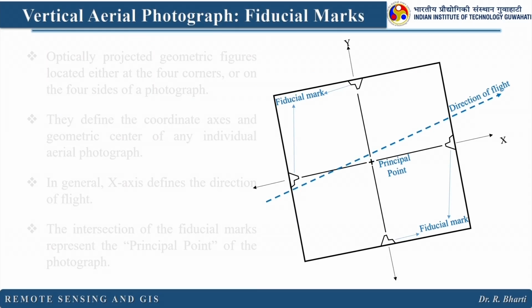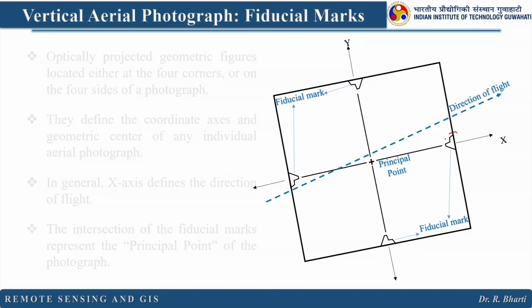So when remote sensing started, we started with the normal camera. If you find old vertical aerial photographs, you will find there are several marks printed on the photographs. This I am talking with respect to printed aerial photographs, right.